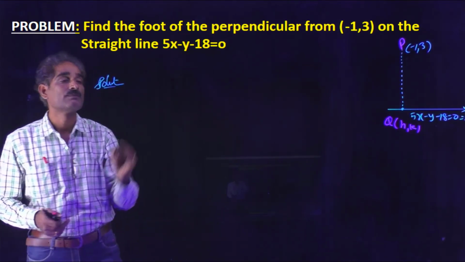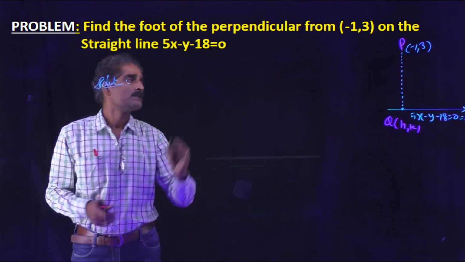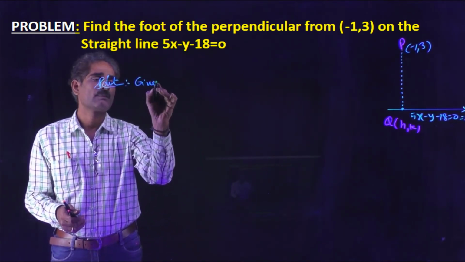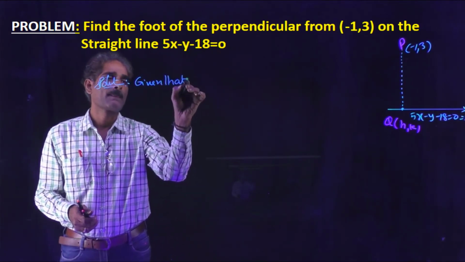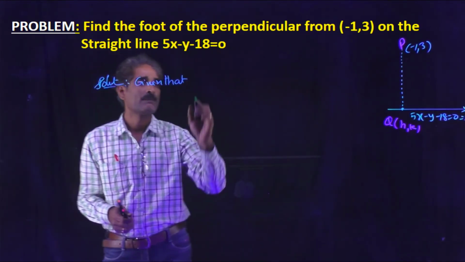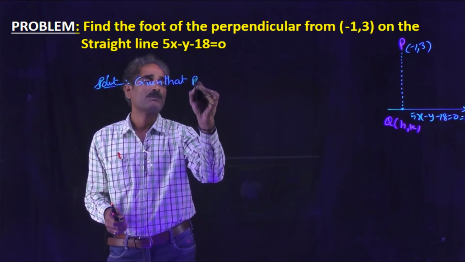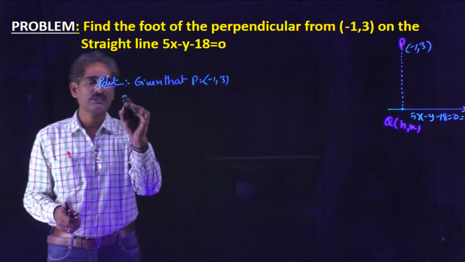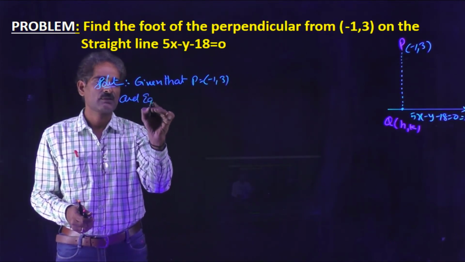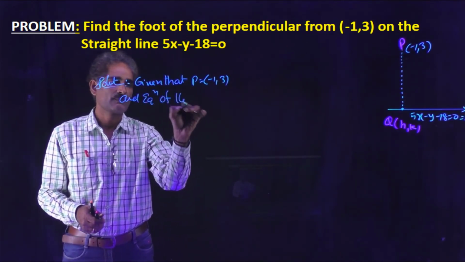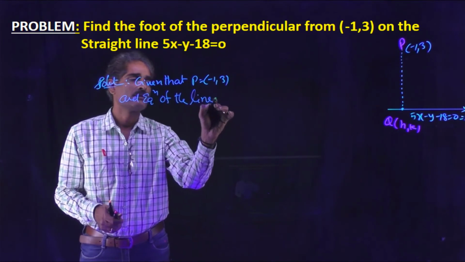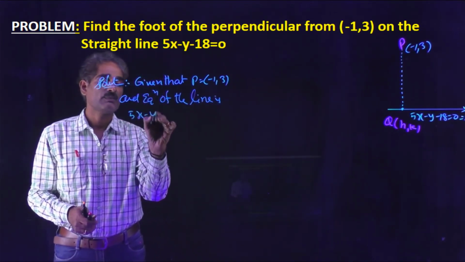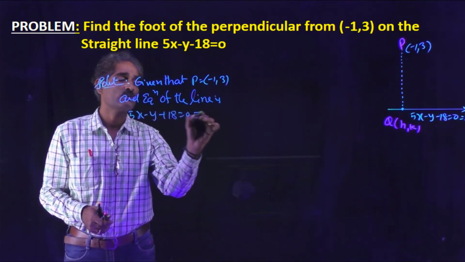Solution: given that P = (-1, 3) and the equation of the line is 5x - y + 18 = 0.